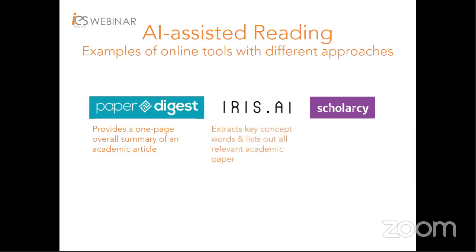Next, there's iris.ai, which links users to relevant academic papers based on keywords. And finally, we have Scholarcy, where its functions are more or less the combination of the former two tools. It is designed to provide an overall as well as section-based summary and keywords-based linkage to other sources.